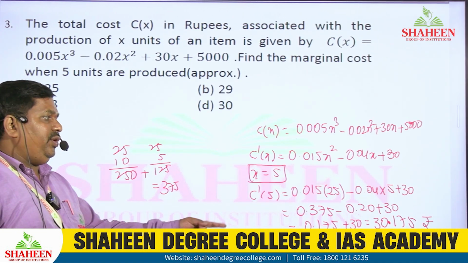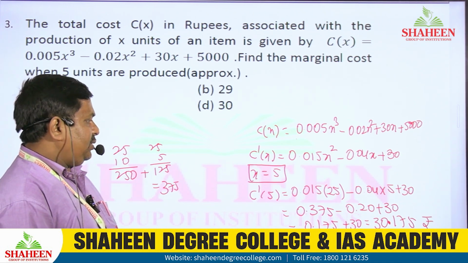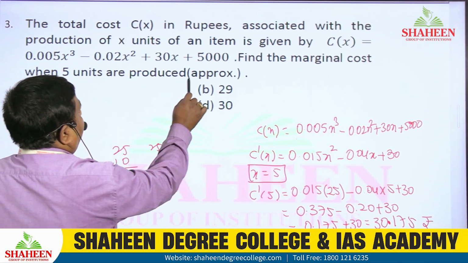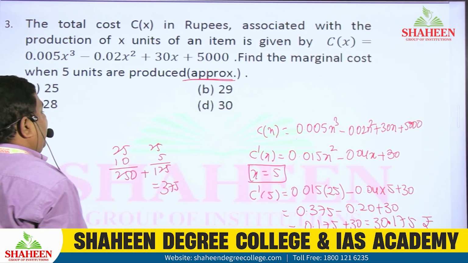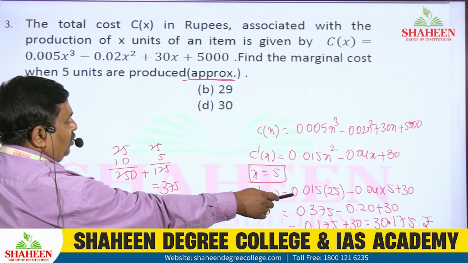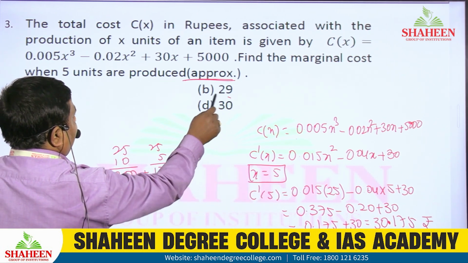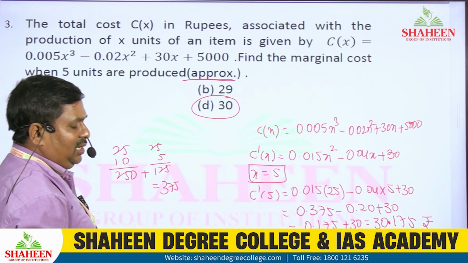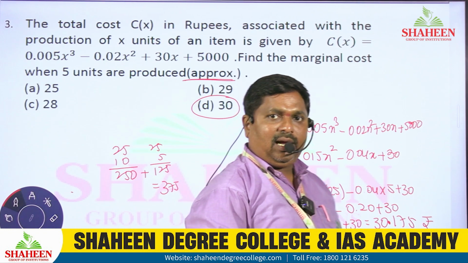So we are checking the options. What is being asked here? The approximate value of the marginal cost. Here 30.175 is the answer, then the nearest value is 30, and the fourth option is correct.